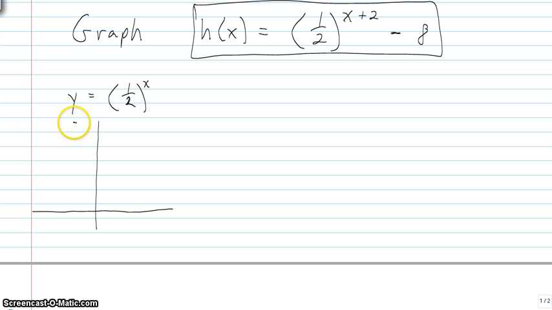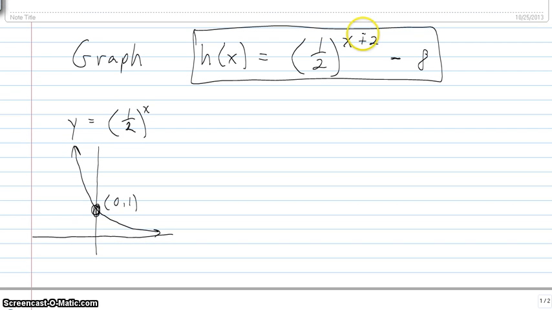And in that case, you get the shape of the graph of the exponential function looking like this. Runs through the point 0, 1, and again approaches the x-axis as a horizontal asymptote. And based on our knowledge of transformations, we know that the x plus 2 shifts this graph to the left by 2, and the minus 8 shifts the graph down by 8.